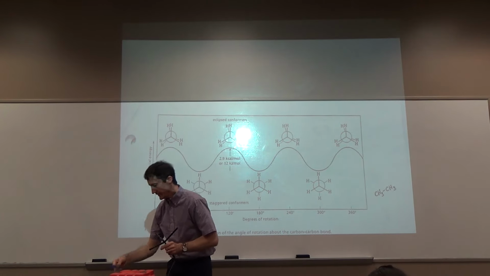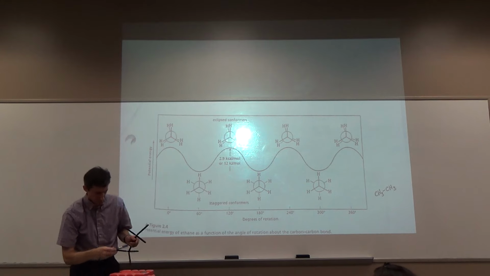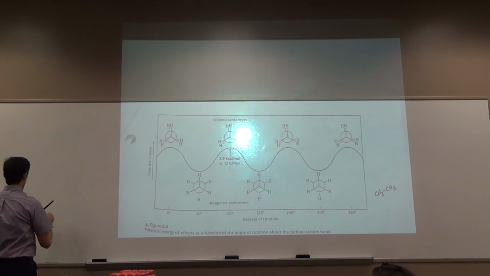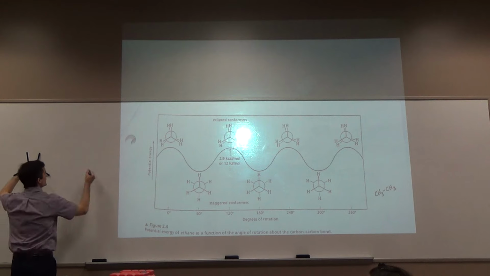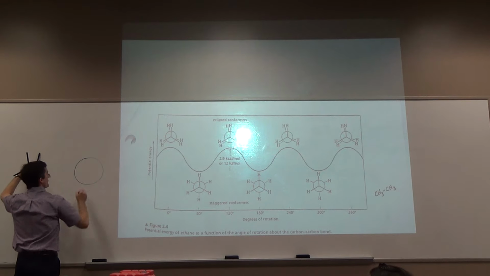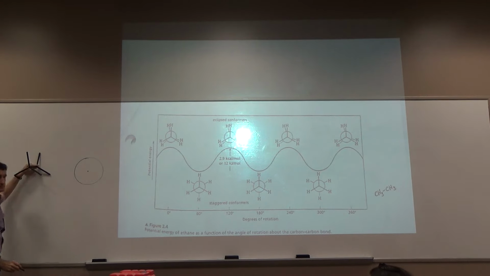Let me show you how you draw these. Basically, can we draw that on the board? Like that. Start with a circle, with a dot in the middle. And the dot in the middle is your front carbon. You've got an H going straight up.